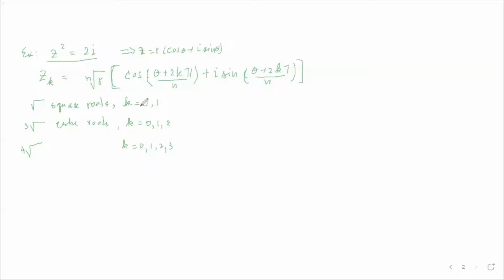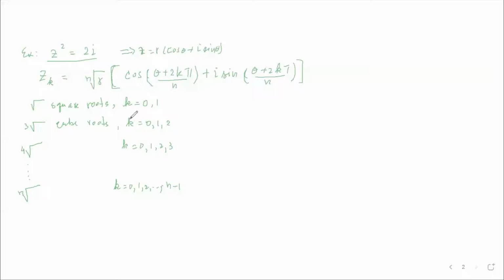So we start k equal to 0 as you rotate, and go on until you have the n roots. So k is going to be 0, 1, 2, and so on until n minus 1, because we start from 0.